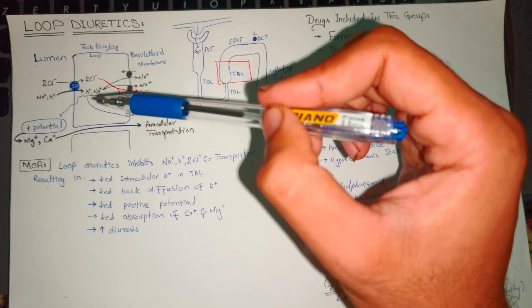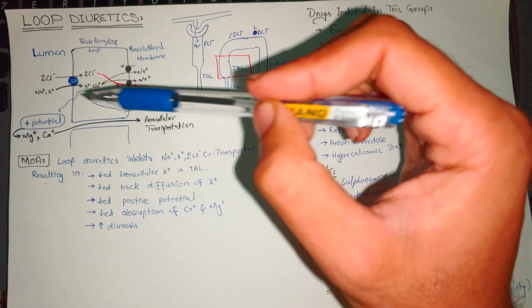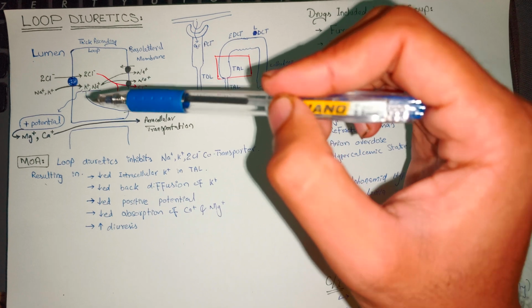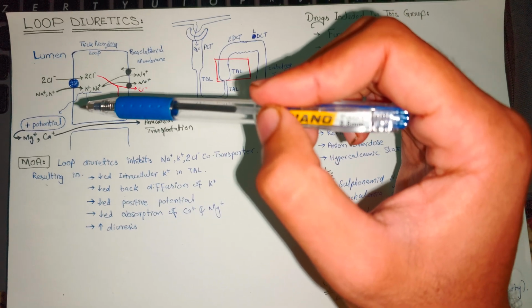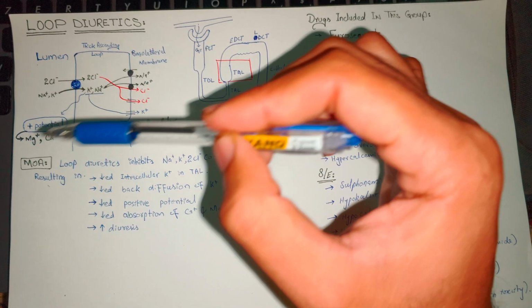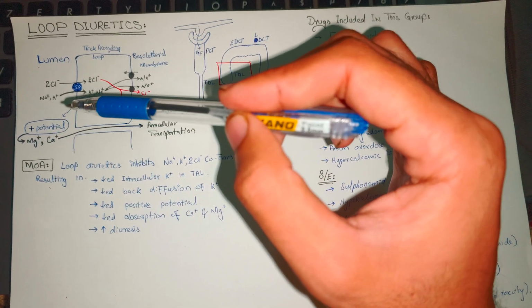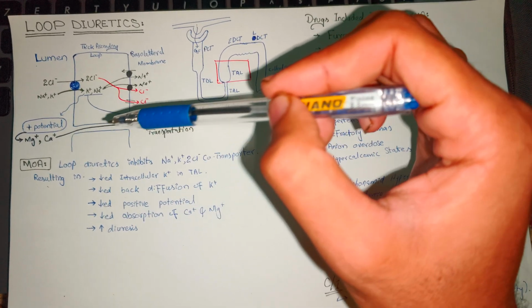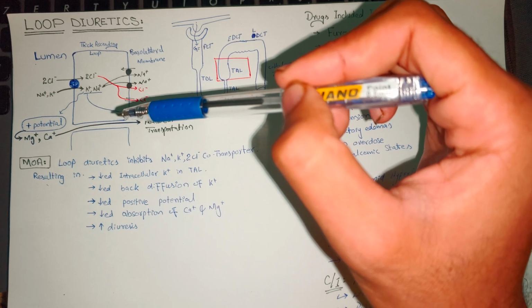This transportation of potassium and sodium will result in creating a positive potential over here, as they are moving in one direction.